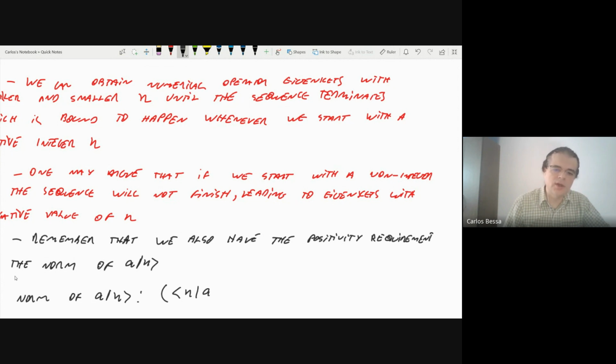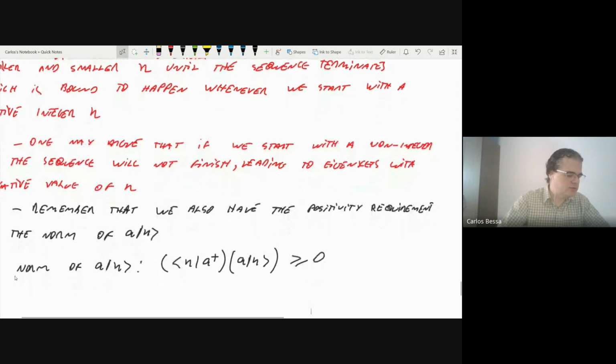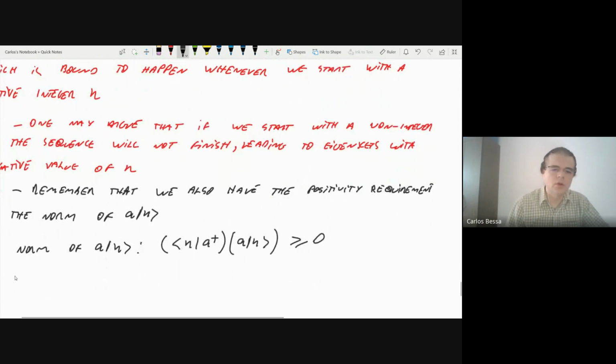So n a dagger applied to a n, which is the definition of norm, will always be positive. But this is the definition of the number operator.